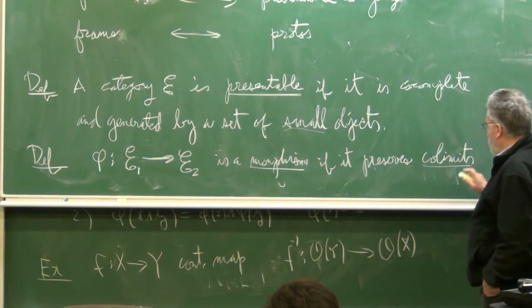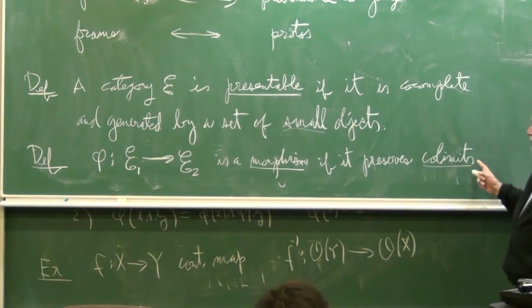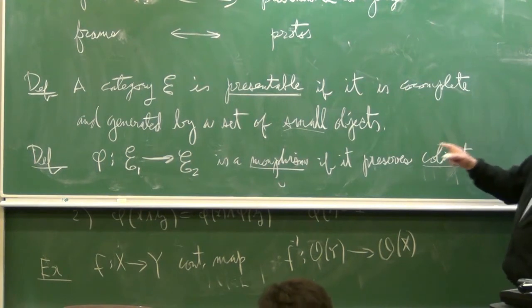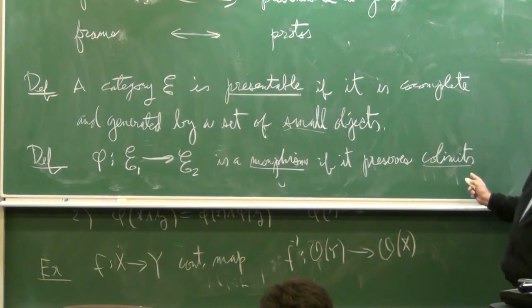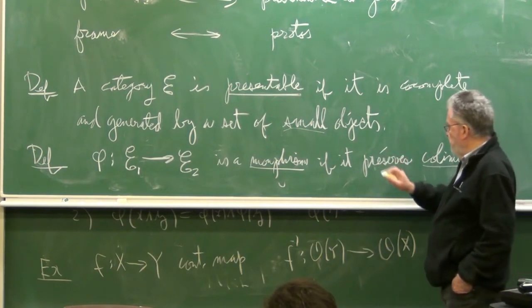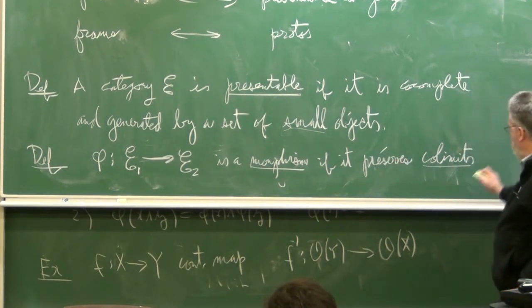Colimits, I said, are like suprema. So to say that the functor preserves colimits is like saying that a map between sup lattices preserves suprema. A functor that preserves colimits is also said to be cocontinuous.